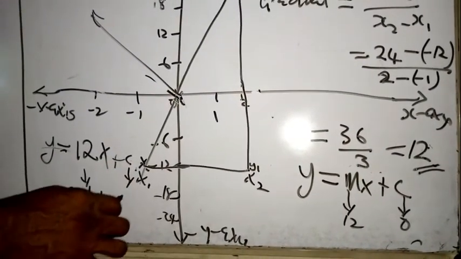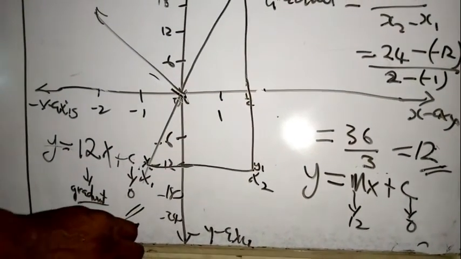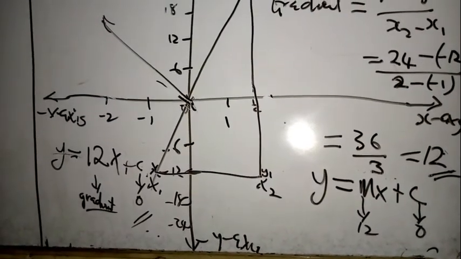And for this graph, your c is 0. Thank you.